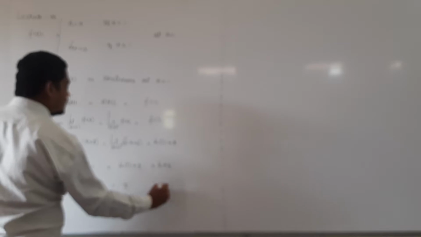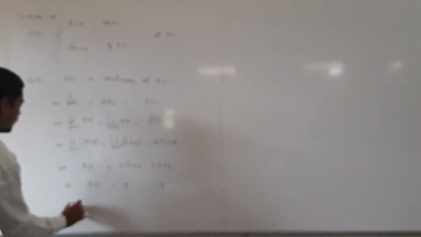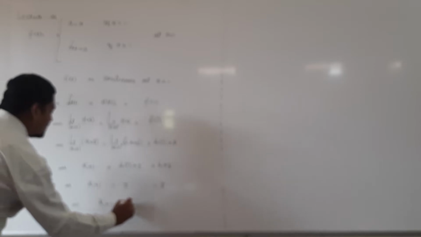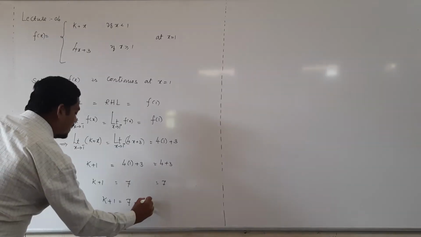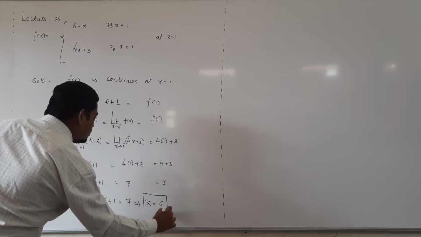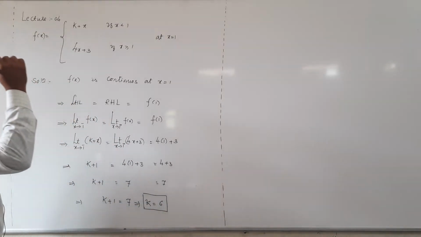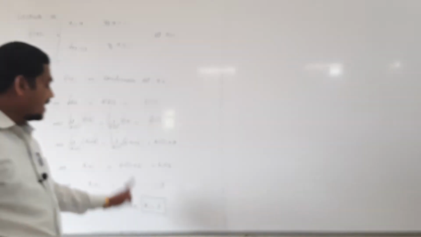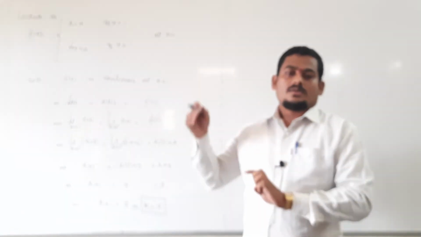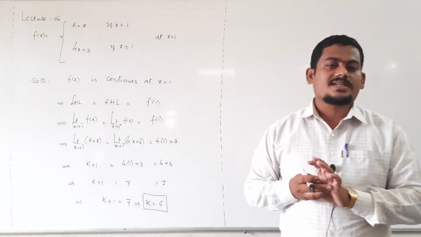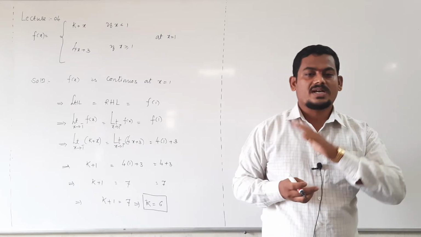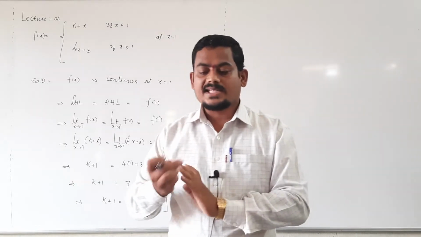Therefore k plus 1 equal to 7 implies k equal to 6. Once the function is continuous at x equal to 1, then the k value is 6, right? Clearly, they have given the function is continuous at x equal to 1, which means LHL equal to RHL equal to functional value. Next problem.